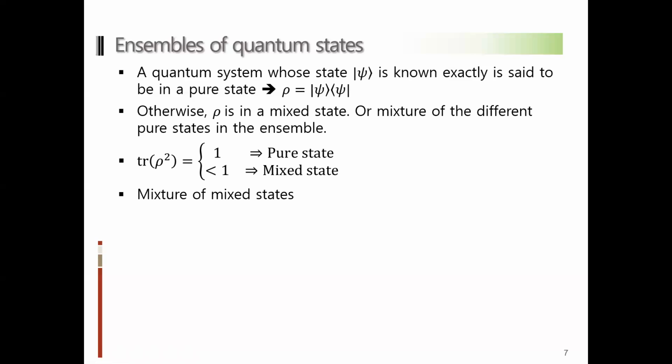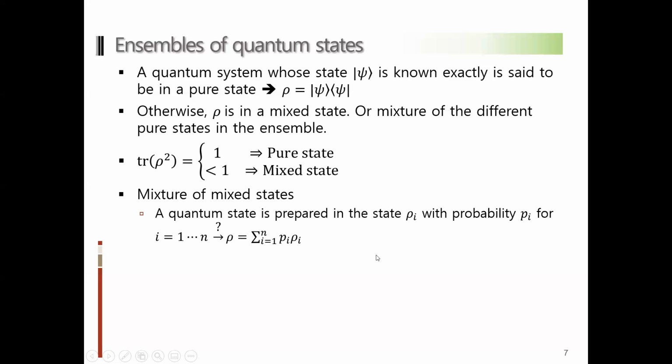Moreover, we can also consider an even more extreme case. Let's say that you have two density matrices. The first density matrix, rho 1, is composed of 50% of 0 and 50% of 1. And you have another density matrix, rho 2, representing 30% of the plus state and 70% of the minus state.